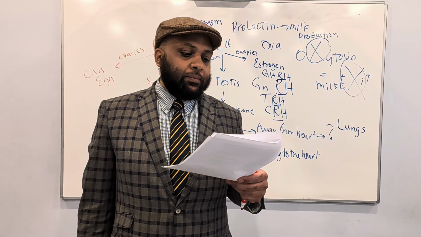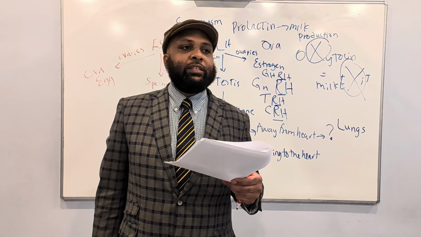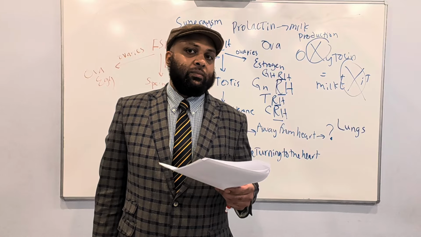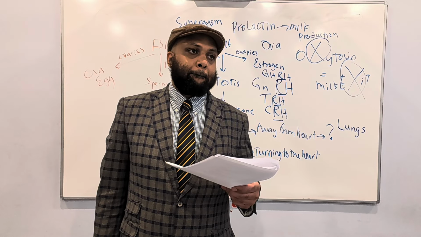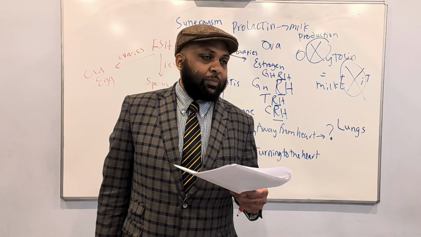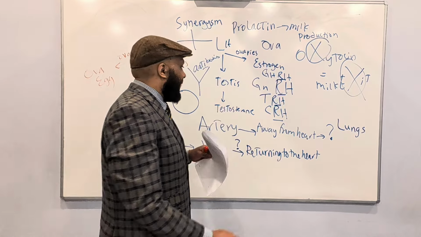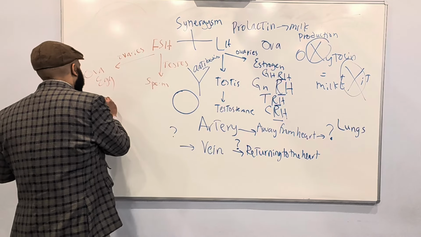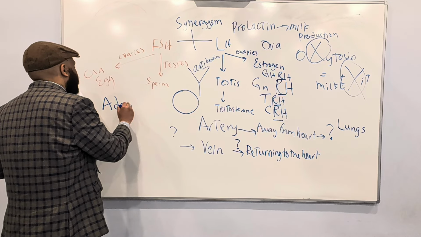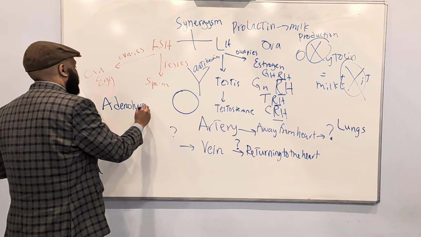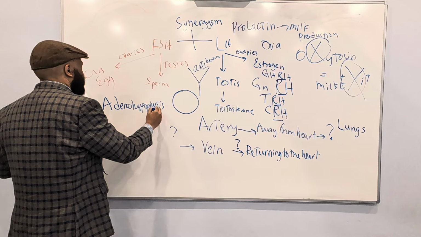What is the other name for the anterior pituitary? The anterior pituitary is known as the adenohypophysis.